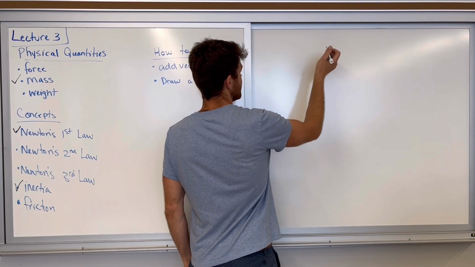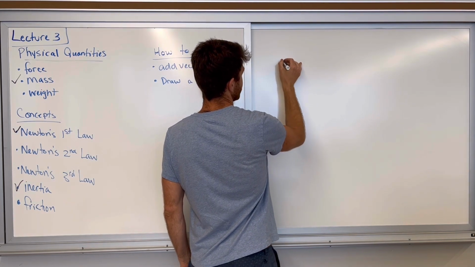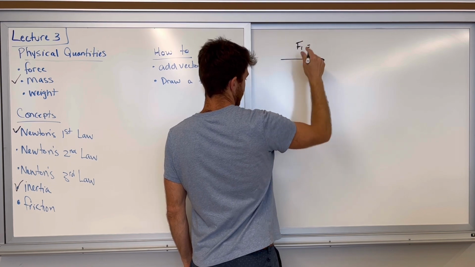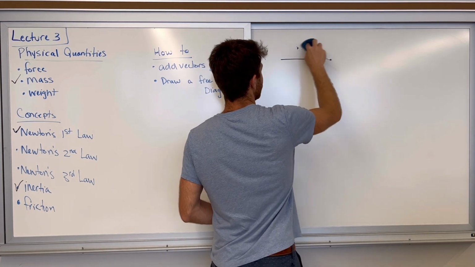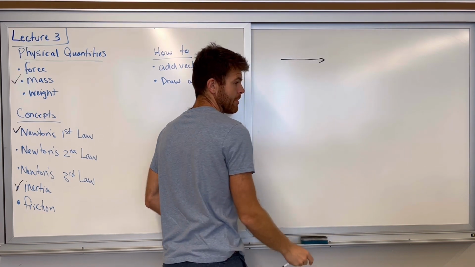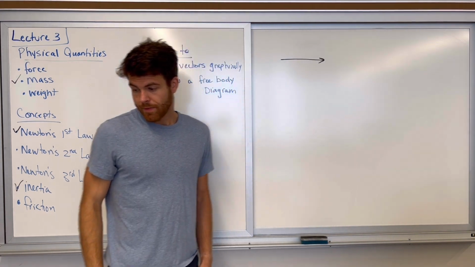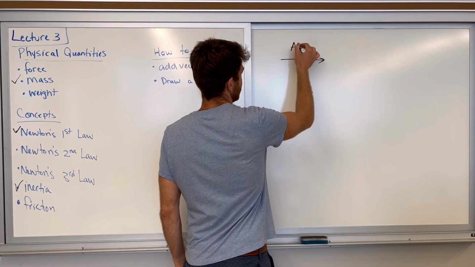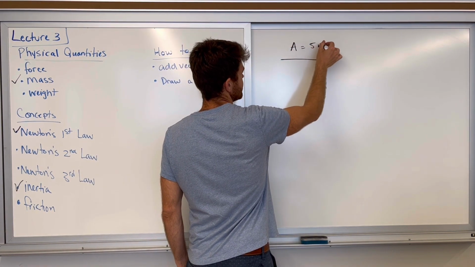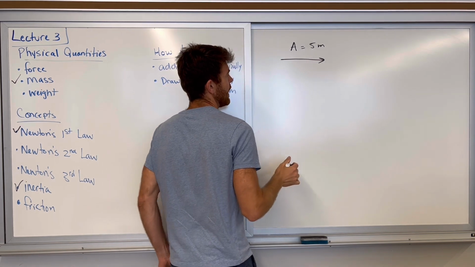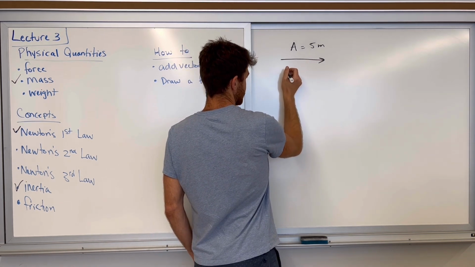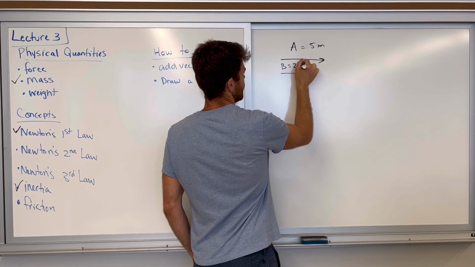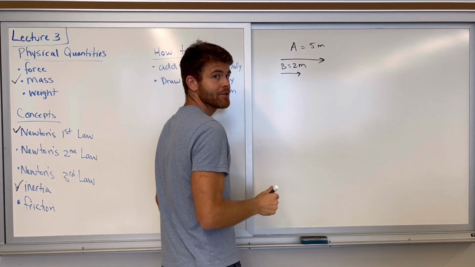So let's say we have a force F1. Okay, well, let's not do forces. Let's do maybe displacements. We have a vector A, which is equal to 5 meters in this direction. And let's say we have a vector B, which is 2 meters in that same direction.